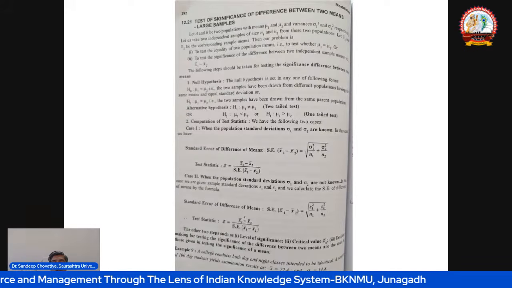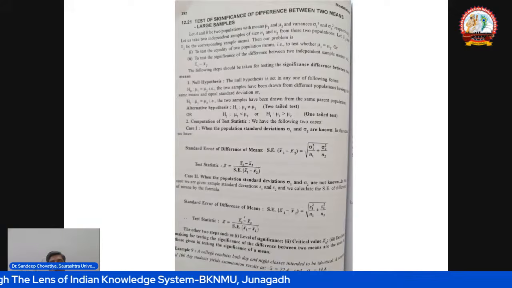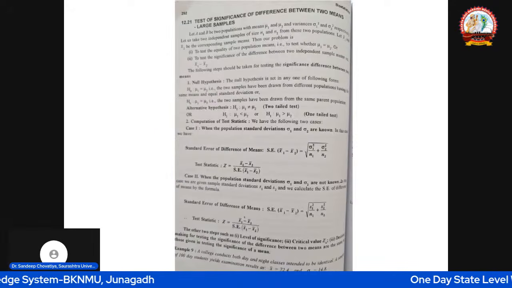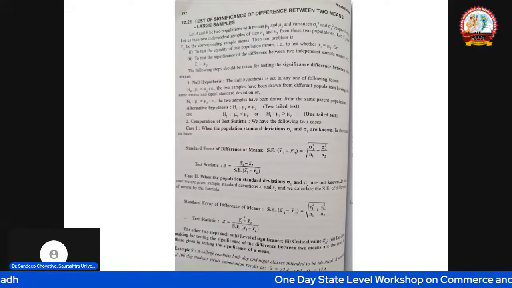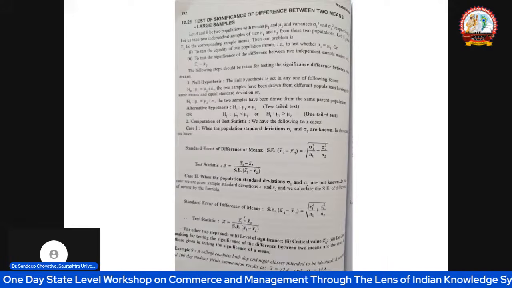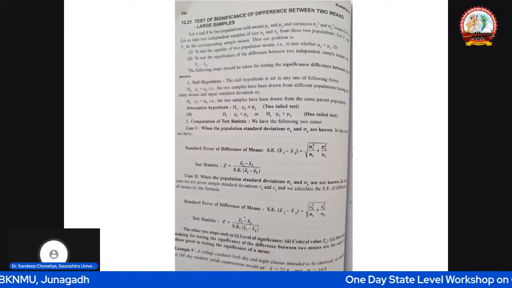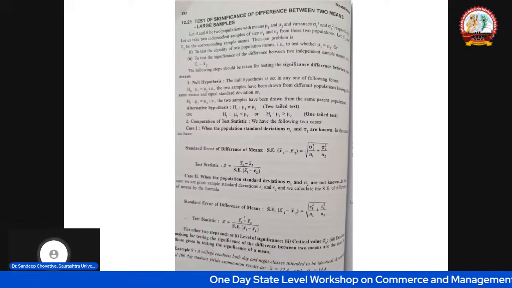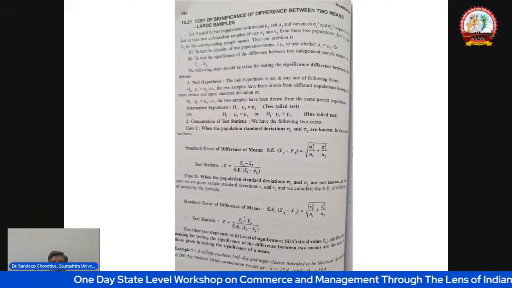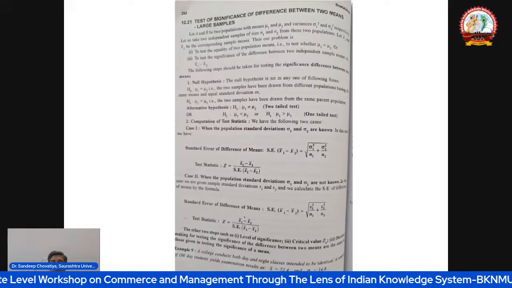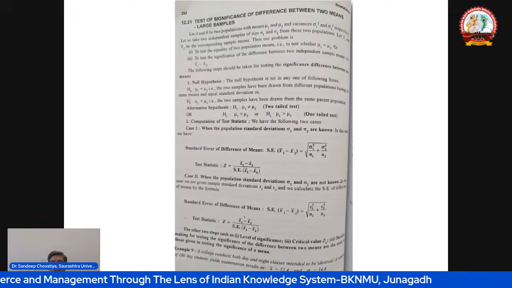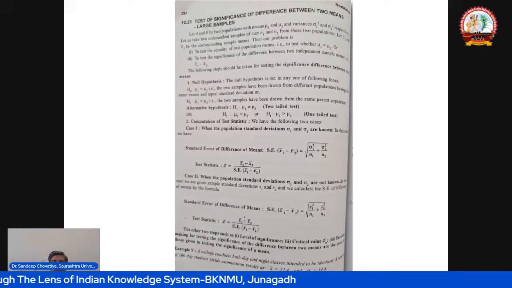Inside the root comes the square of the standard deviation, sigma 1 squared. Whatever the values of the standard deviation, we convert them into squares, divided by the number of samples given, plus the square of the second standard deviation divided by its number of samples.